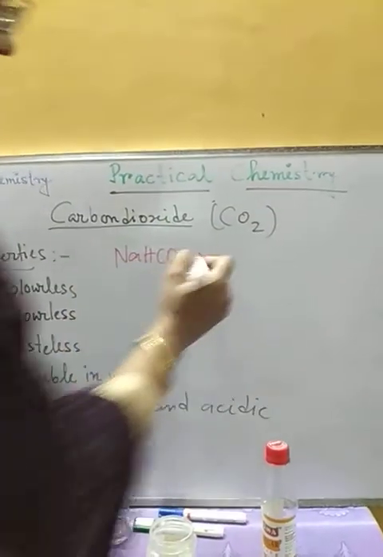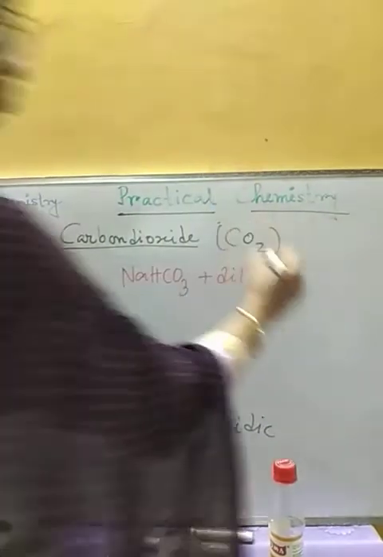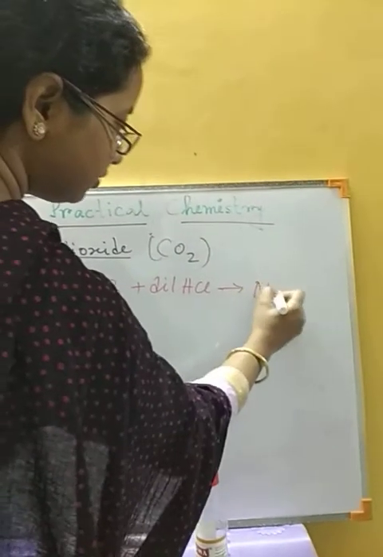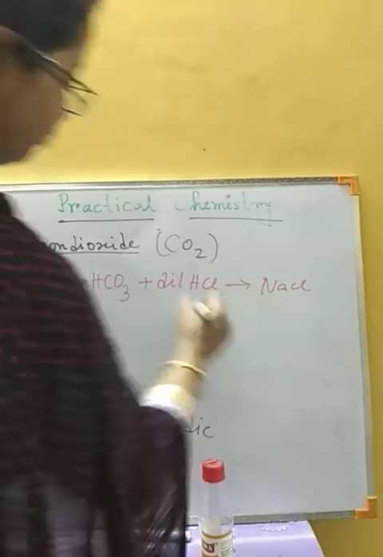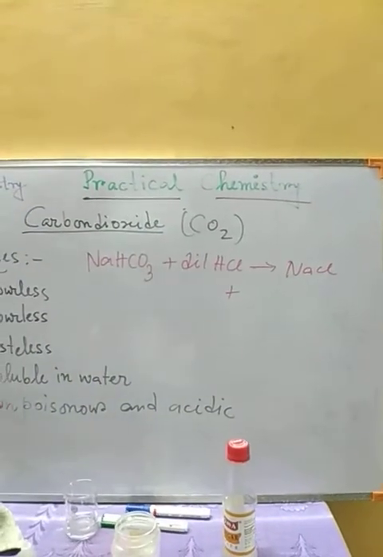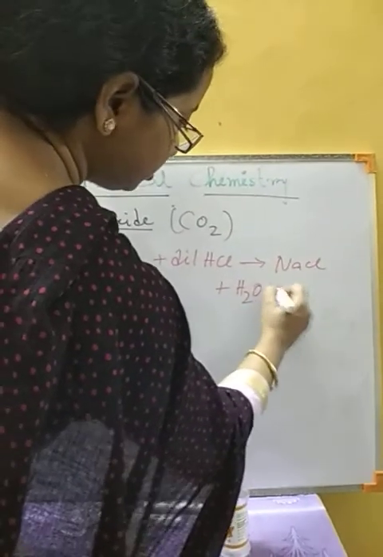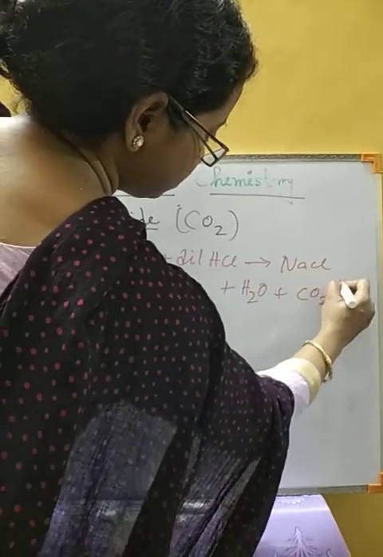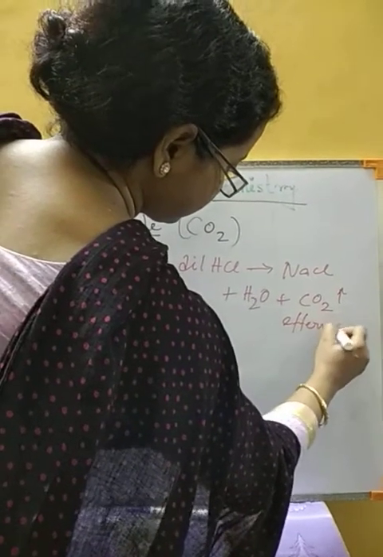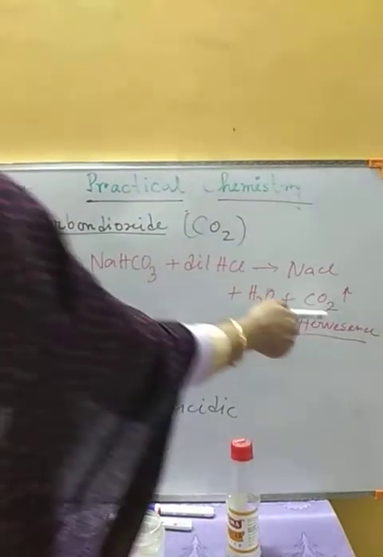In this I have added dilute hydrochloric acid, dilute HCl. So sodium chloride, NaCl, will be formed along with H2CO3, that is carbonic acid, which again decomposes to form water along with carbon dioxide. So we get the effervescence of carbon dioxide here.